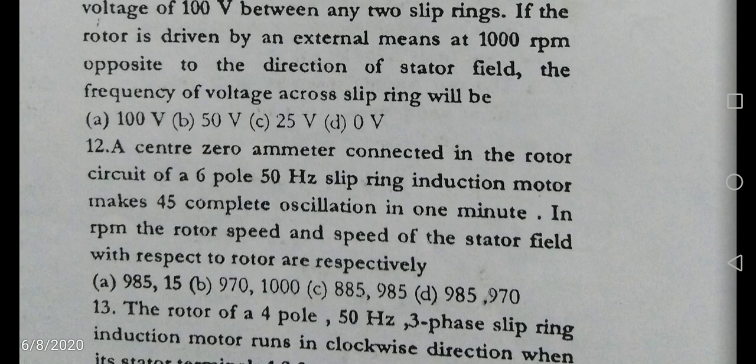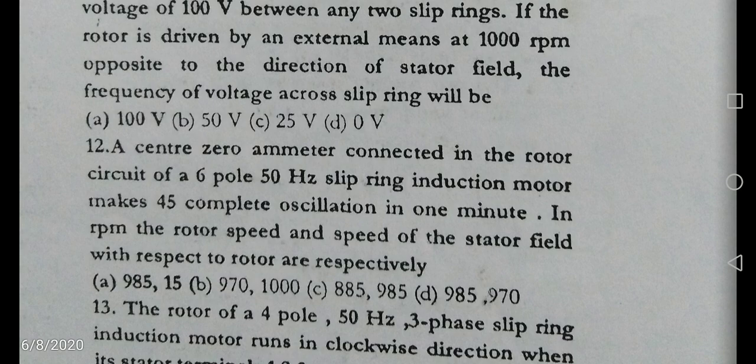So 0.75 into 120, that equals 90, 90 by 6, then we get 15. So 15 is the stator field speed with respect to the rotor.